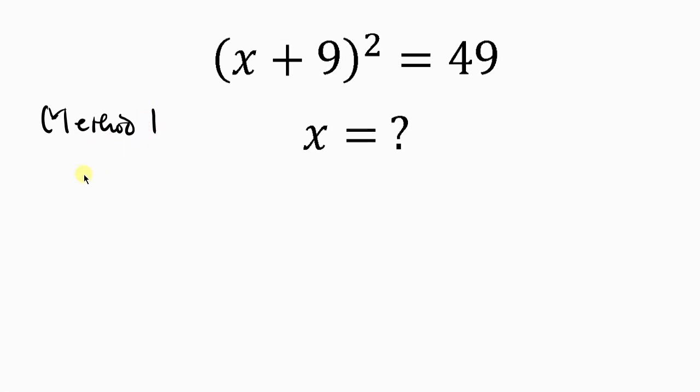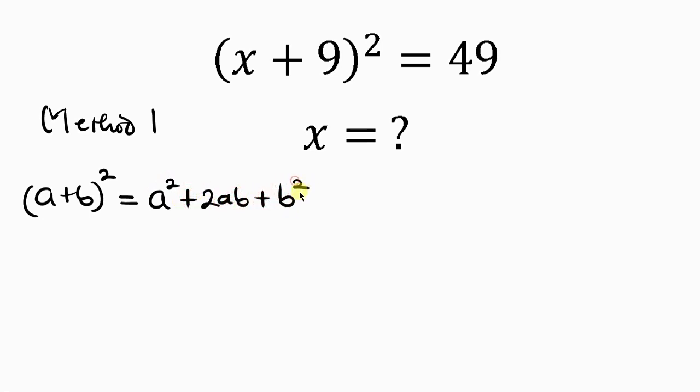Our first step for this method is for us to expand the left-hand side. The left-hand side is of the form (a + b)², and an expression like this is expanded as a² + 2ab + b².